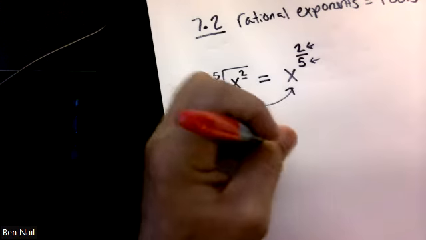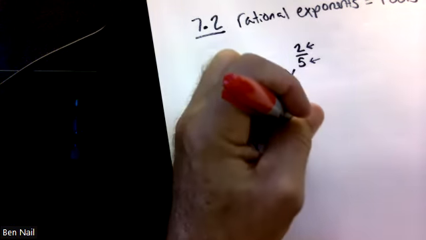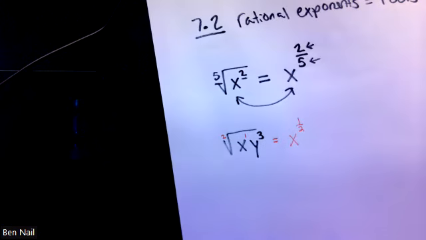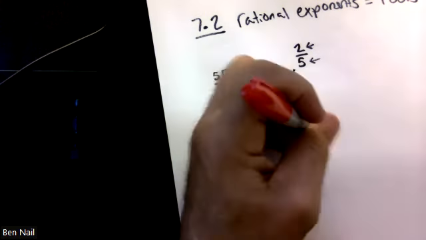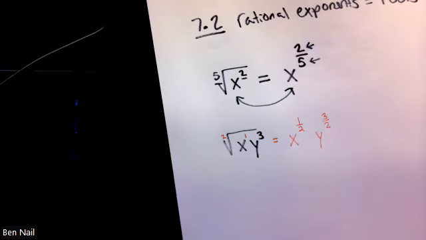So if we rewrite this as fractional exponents, that's x to the 1/2 power. And then that would be a y to the 3/2 power.